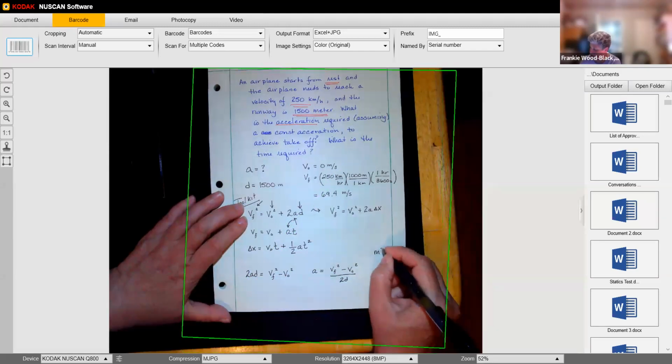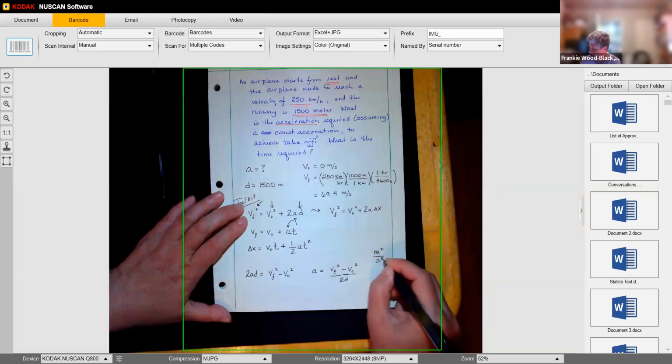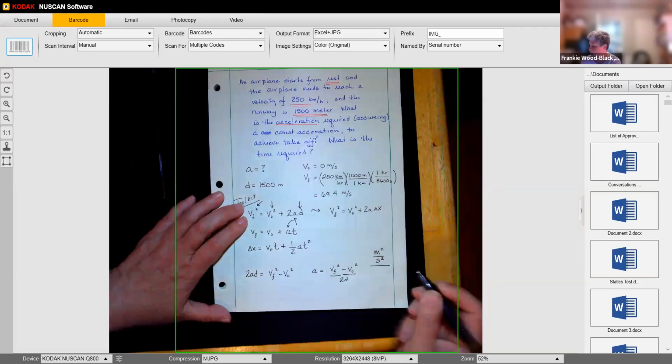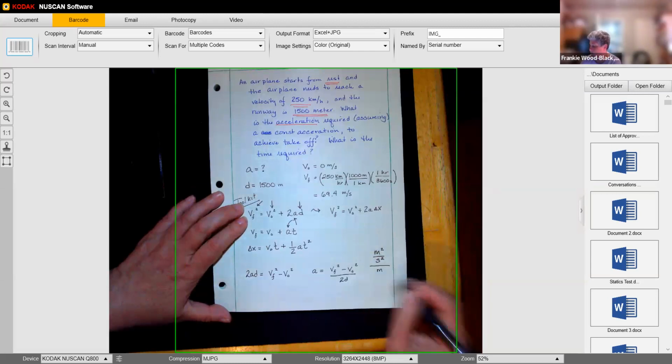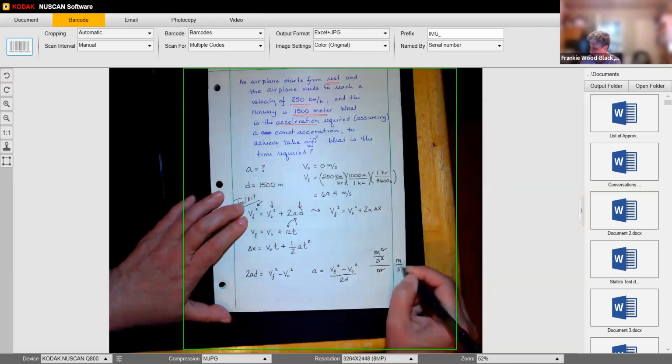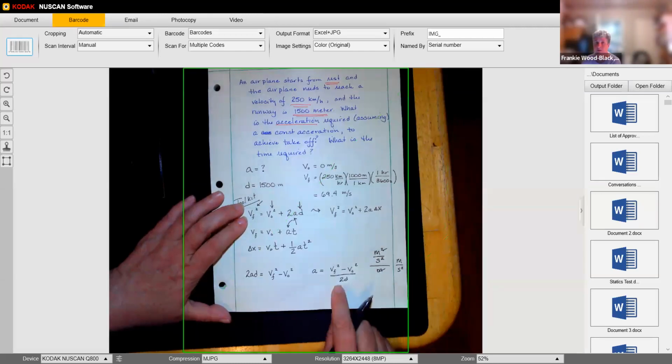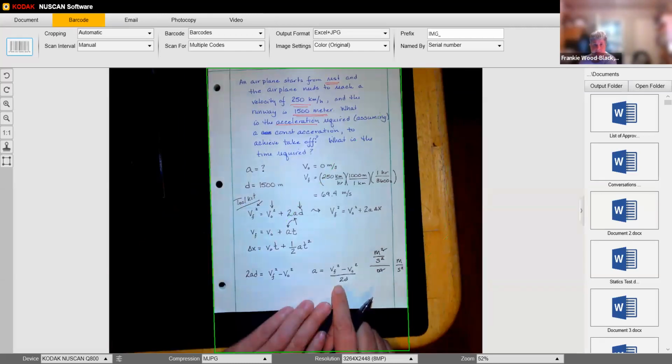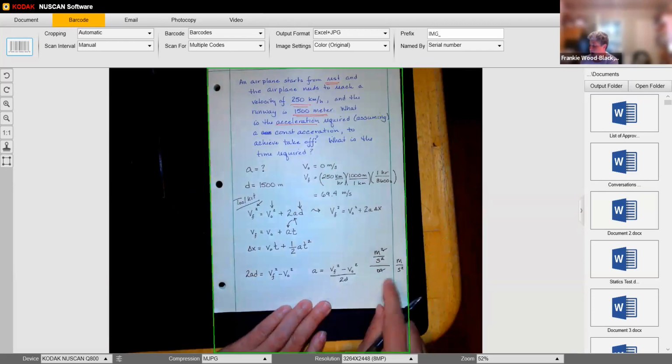I'm going to have meters squared divided by seconds squared, all divided by meters. One of these meters cancels out, and I end up in meters per second squared. So this tells me, by looking at my unit analysis, that I have done my rearrangement correctly.